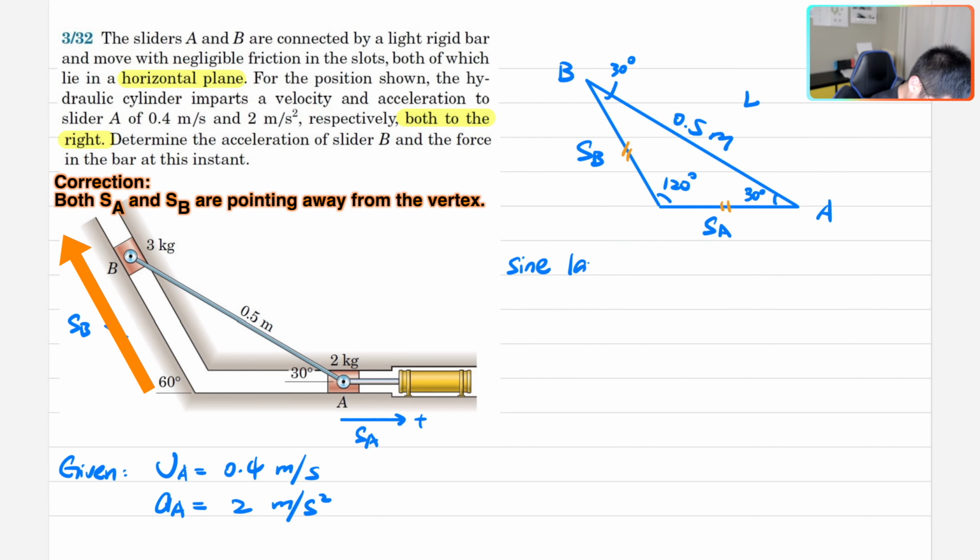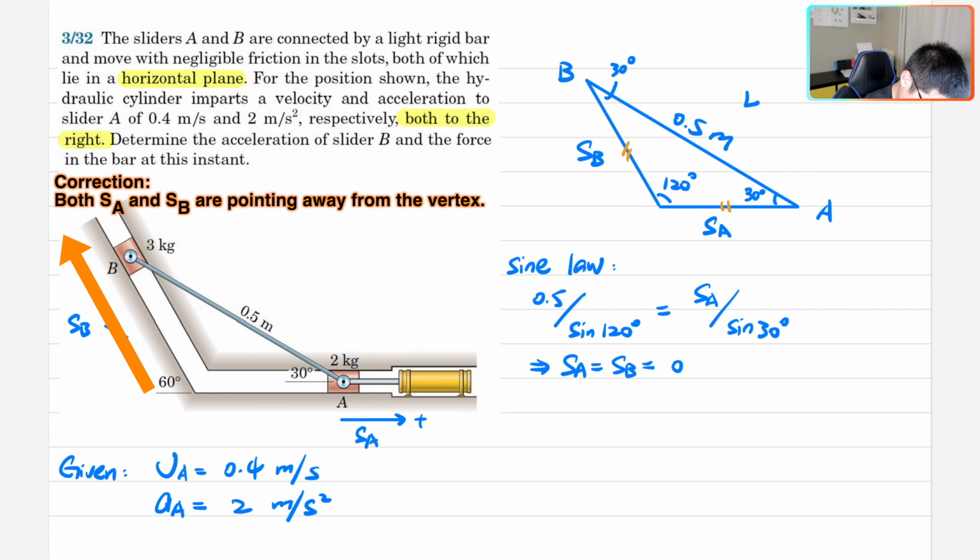Through sine law, we have 0.5 over sine 120 degrees equals to, you can either use SA or SB, they are equivalent, over sine 30 degrees. Therefore, we have our SA equals SB equals 0.289 meter. That's the length here and here. They're equal.